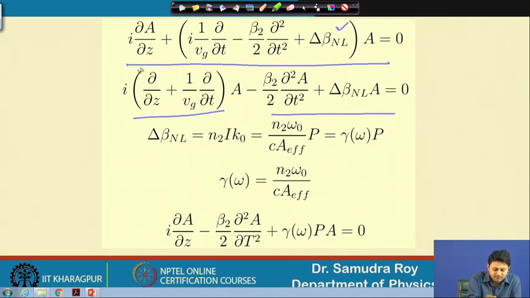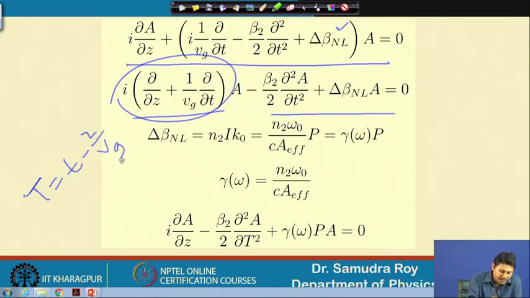We know this because this is basically the transformation that we are looking for, and this transformation is t minus z by v g. When we have this kind of Galilean transformation, we are moving with the group velocity of the pulse. So, this coordinate is now changing to t.